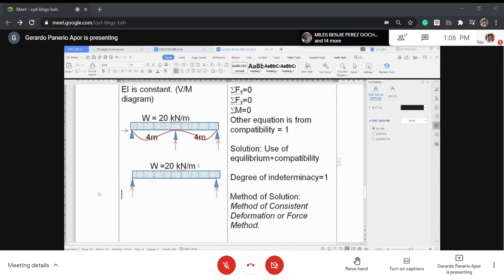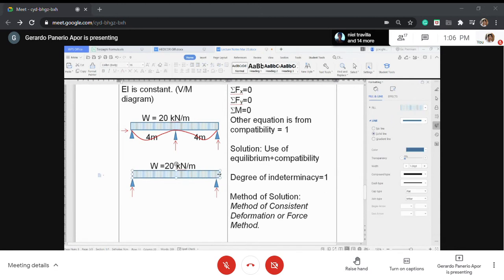So, the way the consistent deformation method solves an indeterminate structure is to remove the redundant support so that it will become a simple beam.